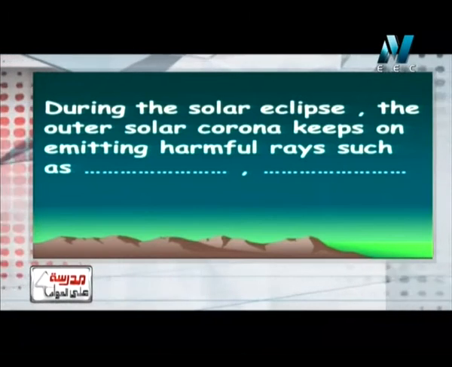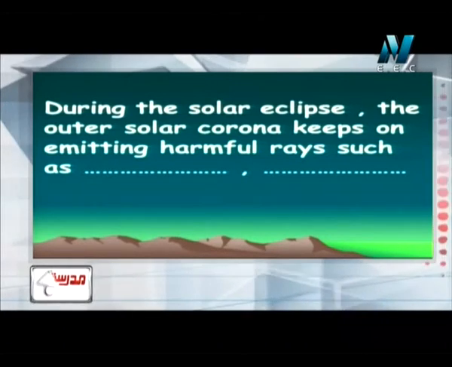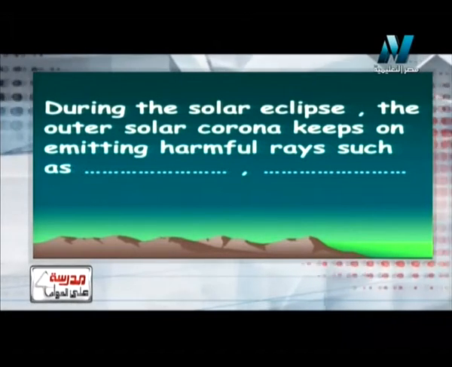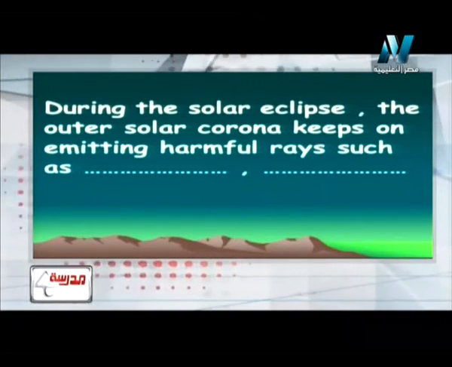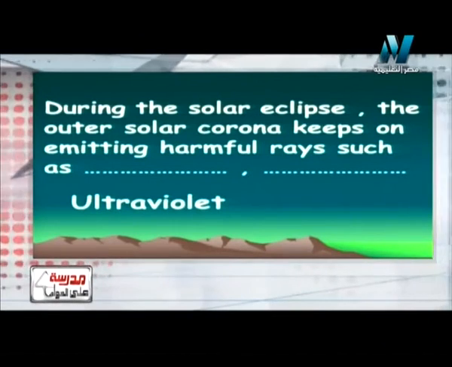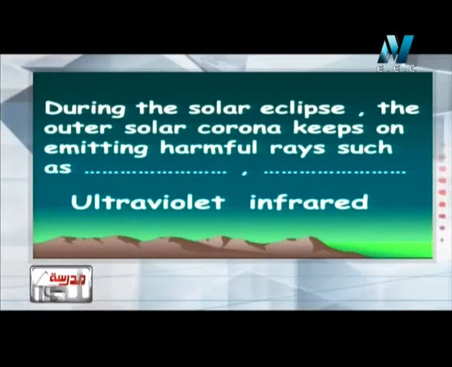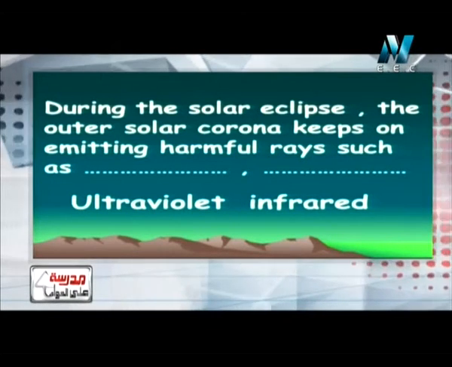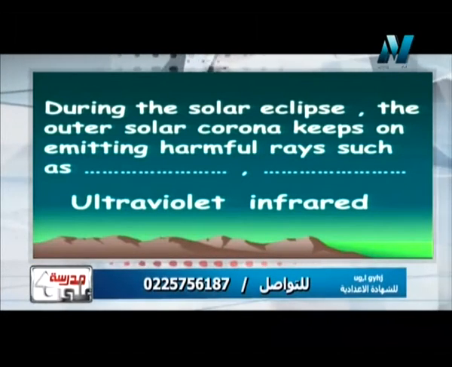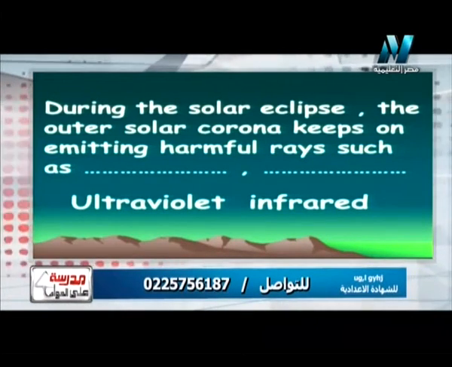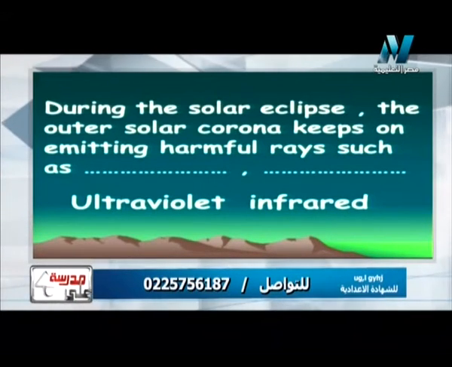Please note here, we need harmful rays that come out from the sun during the eclipse, such as ultraviolet rays or ultraviolet radiation, as we have studied, and infrared radiation. So again, during the solar eclipse, the outer solar corona keeps on emitting harmful radiation or harmful rays such as ultraviolet or infrared.